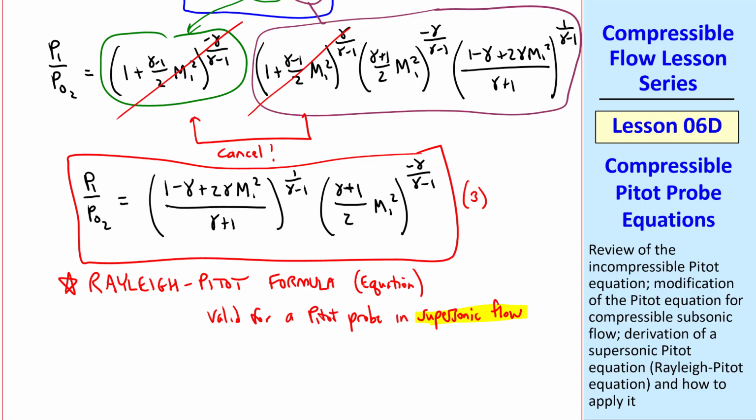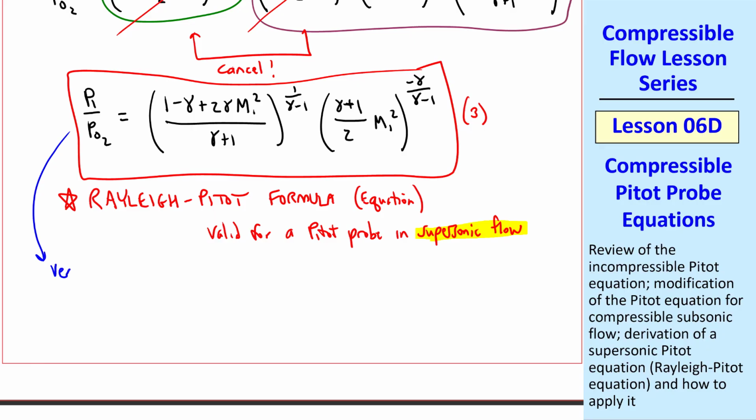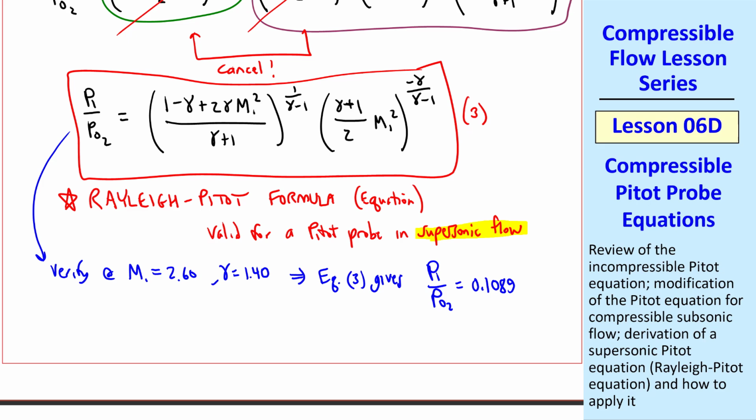Equation 3 cannot be used if the flow is subsonic. Let's verify this equation at our old friend M1 equal 2.60 with air, gamma equal 1.40. Equation 3 gives P1 over P0 2 equals 0.10892. Let's compare this result to the compressible aerodynamics calculator.